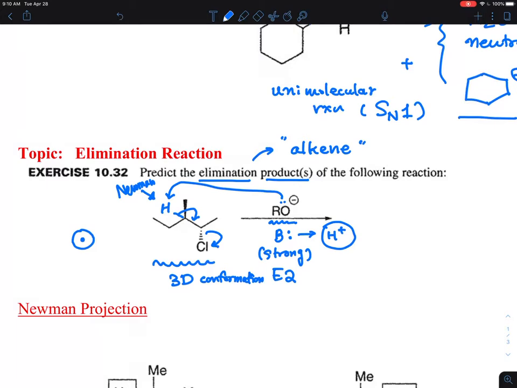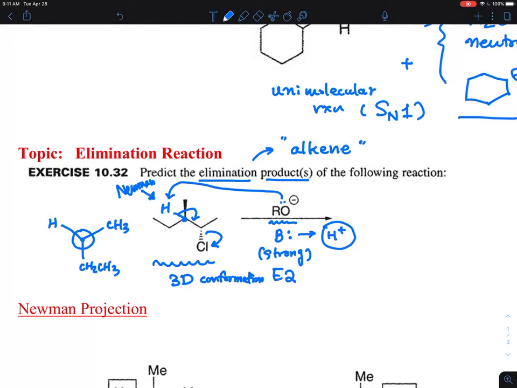If I do the Newman projection from this side, what I can see in the front is the methyl sticking out, and hydrogen is there, and then the ethyl, so CH2, CH3. This is what it looks like from the front.